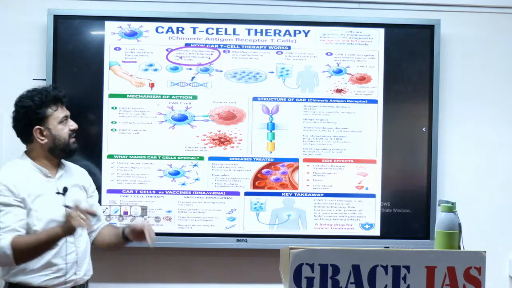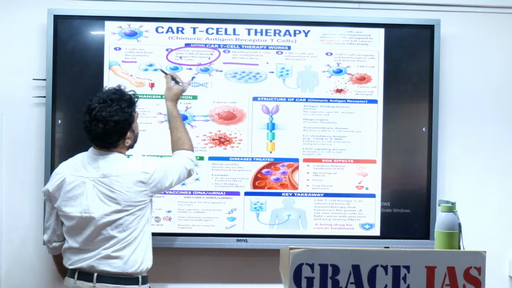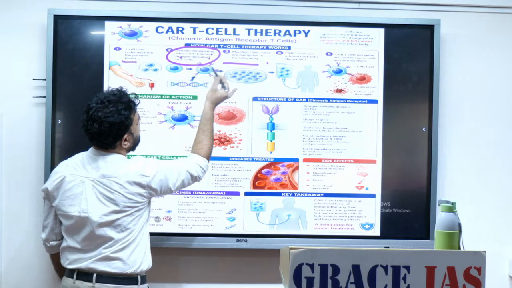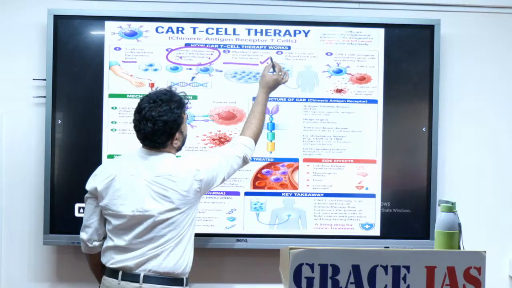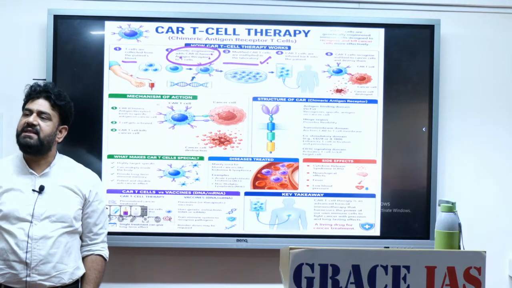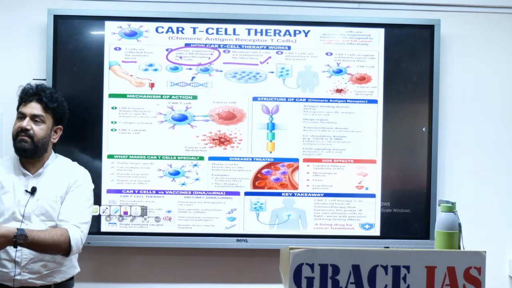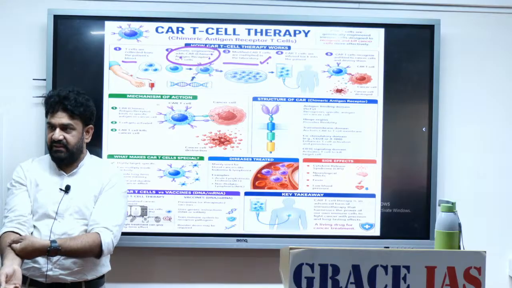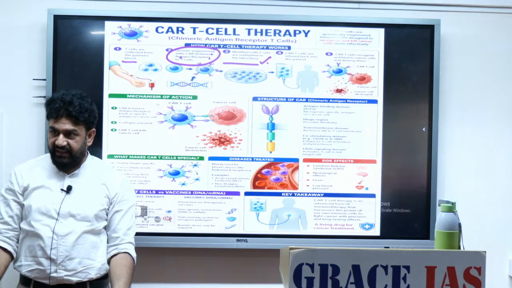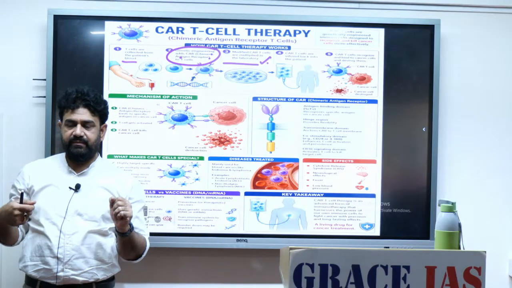Clear? Now we modified the T cells, and these modified T cells are multiplied. Multiplied means we need more such modified T cells, so that we can introduce them again into the body of the person. They can circulate in the entire body and attack cancer cells.